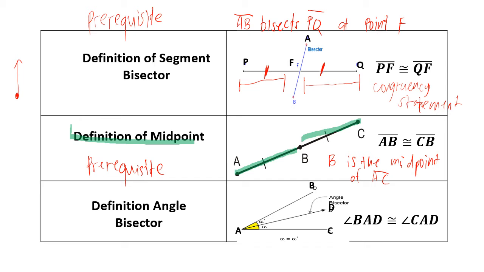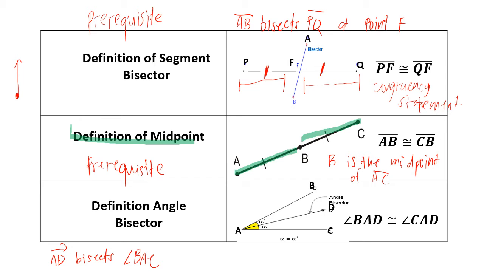So, that's a ray. Here, we can say that ray AD, say for example, bisects angle BAC.